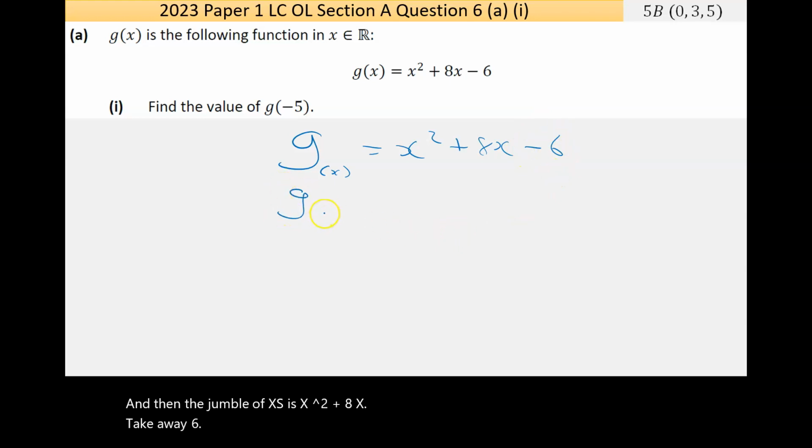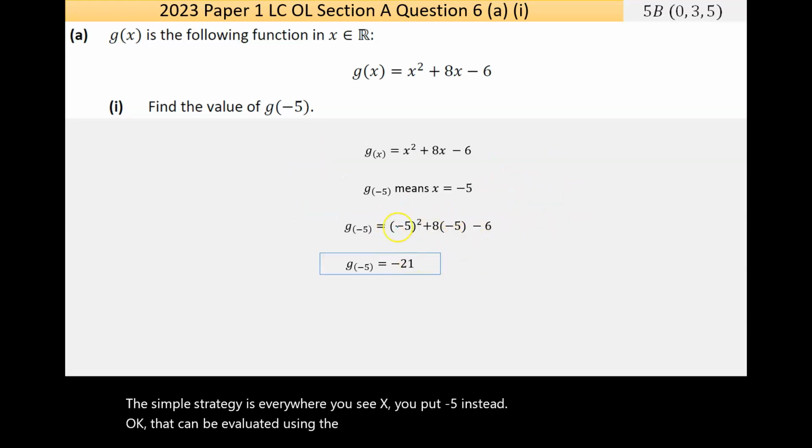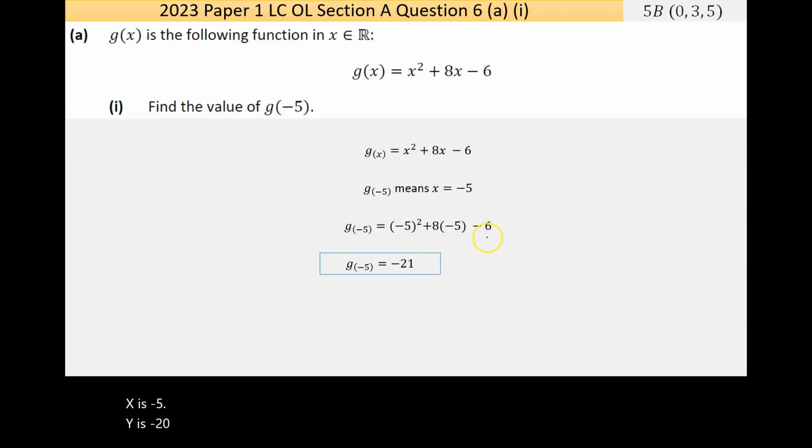Now, g of minus 5, the simple strategy is everywhere you see x, you put minus 5 instead. That can be evaluated using the calculator, and you should get an answer of minus 21. So when x is minus 5, y is minus 21, and you can plot that on an xy diagram if you chose to.